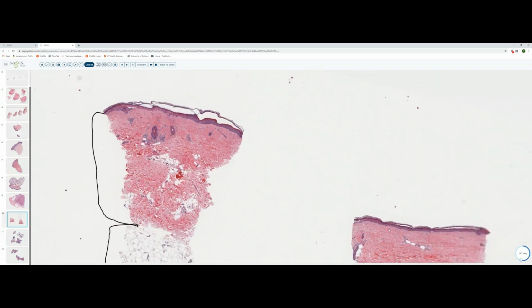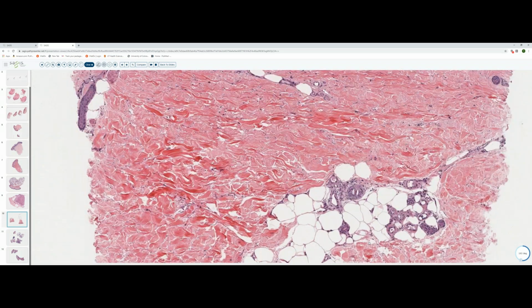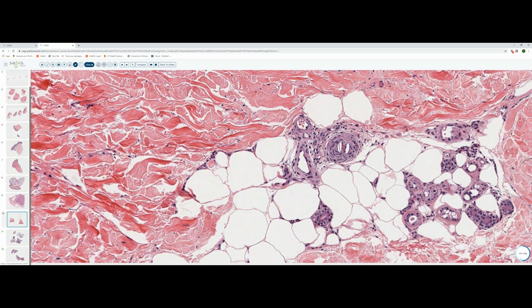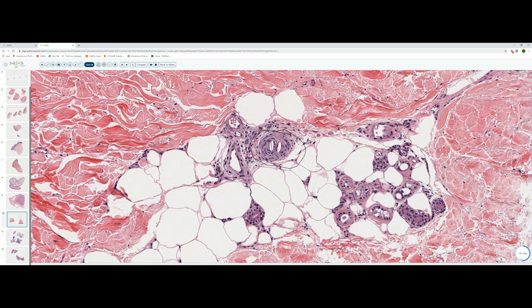However, when you searched around and looked at the dermal subcutaneous tissue, we have a vessel here with a cholesterol cleft. And this is a cholesterol embolism. Very, very subtle. Frequently, you don't see much in the way of inflammatory infiltrate.